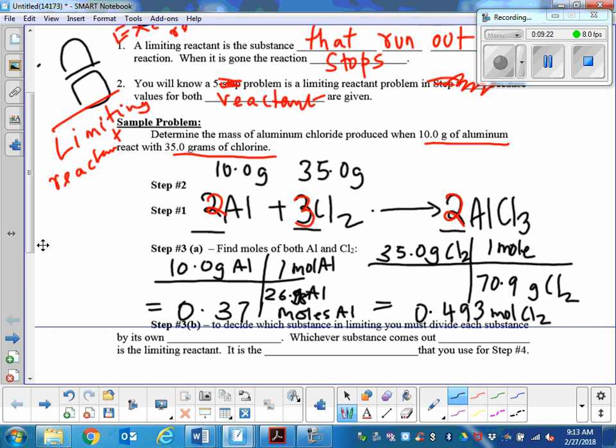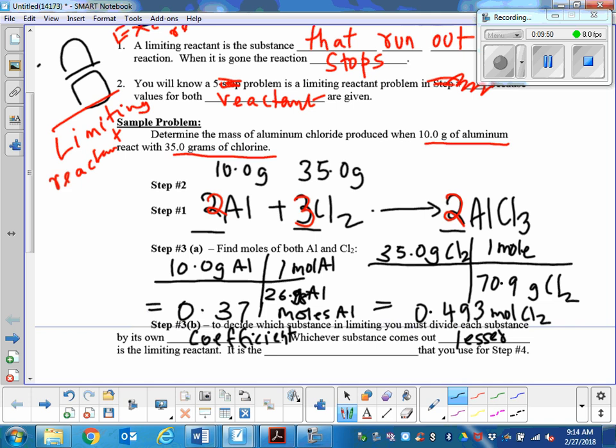Because the ratio is 2 to 3, there is one additional step you have to do. To decide which substance is limiting, you must divide each substance's moles by its own coefficient. Whichever comes out lesser is your limiting reactant.